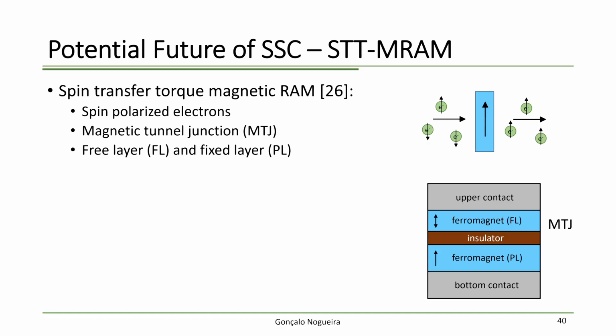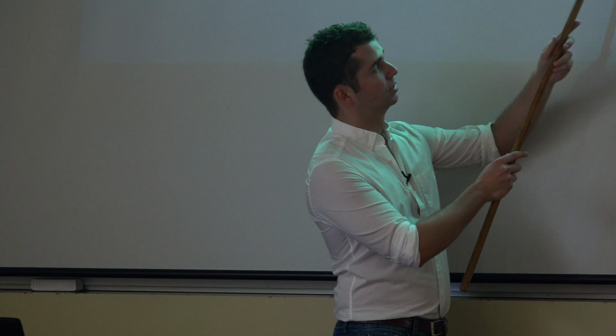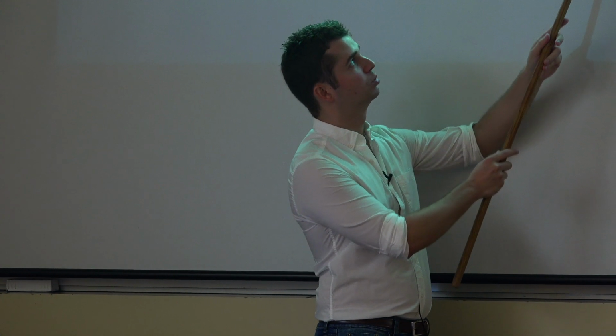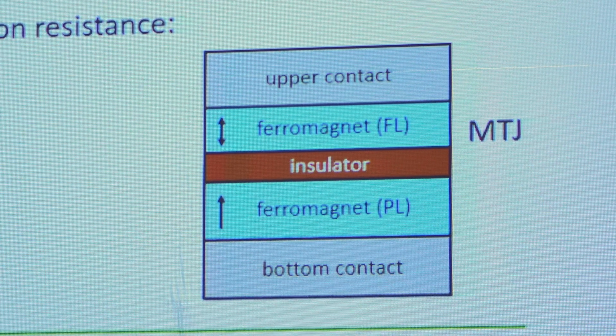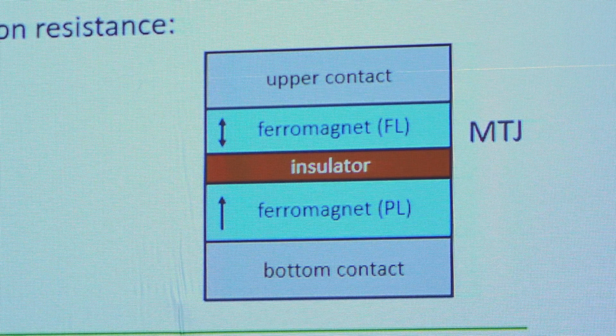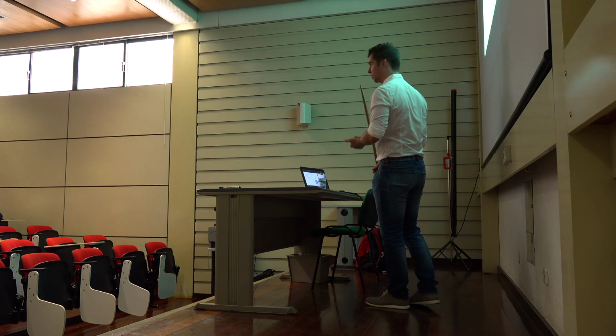The way you read this memory cell depends on the magnets' polarization. Imagine that the polarizations are aligned. So this one is pointing up, this one is pointing up. Then you have a small resistance when you try to pass a current through this. If they are anti-aligned, and you try to pass a current through this, it will show a high resistance.